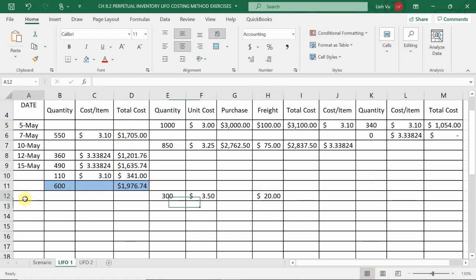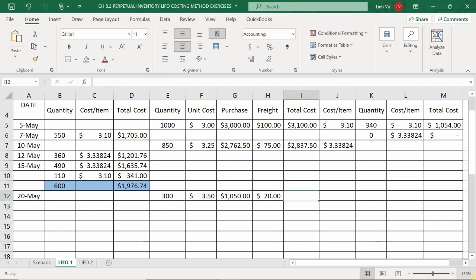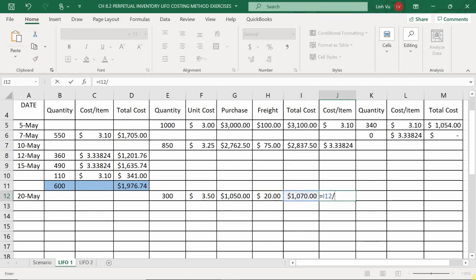This was May 20. So what is my purchase price going to be? $1,050 plus 20, 1,070.